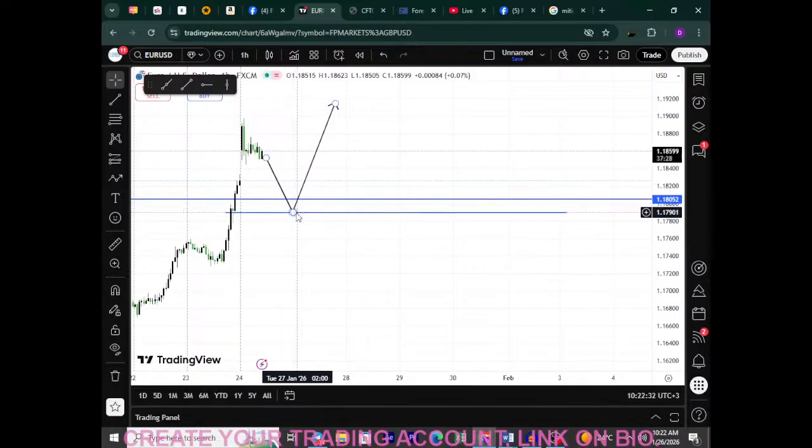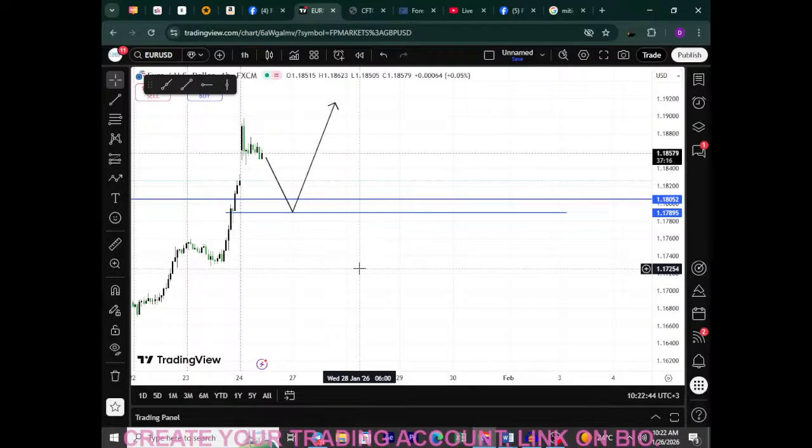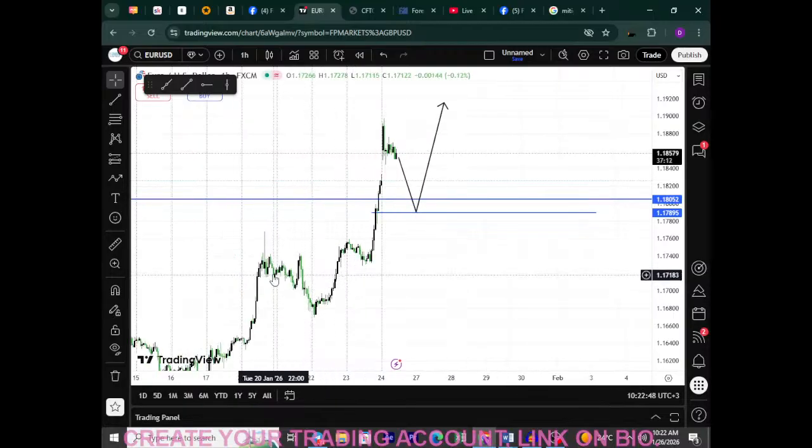so if price can get to this level, well and good. If it also gets to this level, well and good. But because of FOMC's wicks, FOMC produces very serious kind of wicks, like this one here.